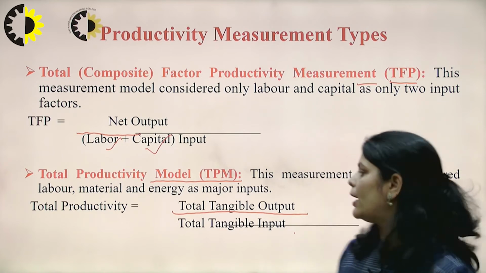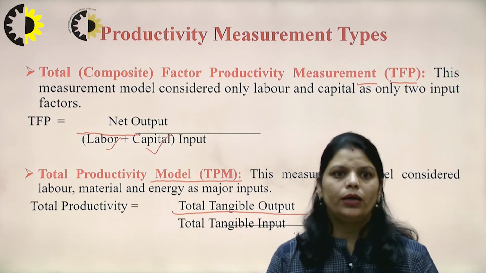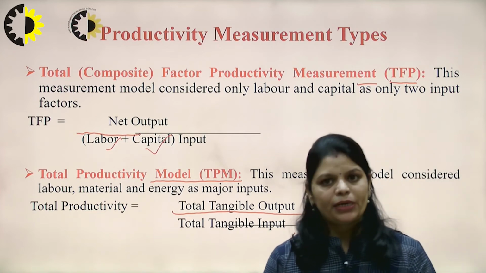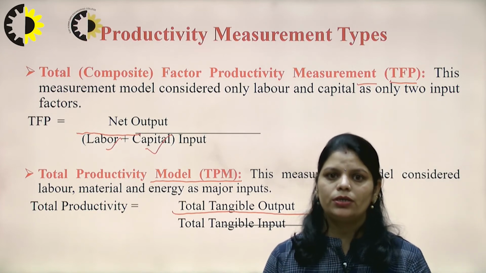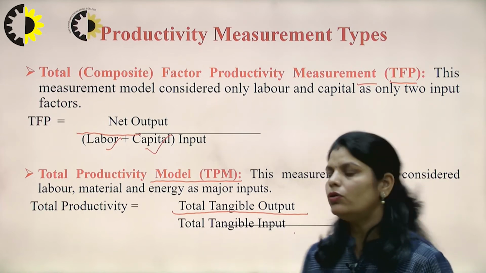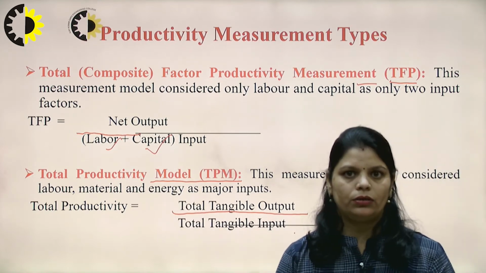So these will act as the output. And what are the total tangible inputs? The inputs will be the value of human input, capital input, material purchased, energy inputs and other expenses. So the ratio of these two will give the total productivity. Clear?